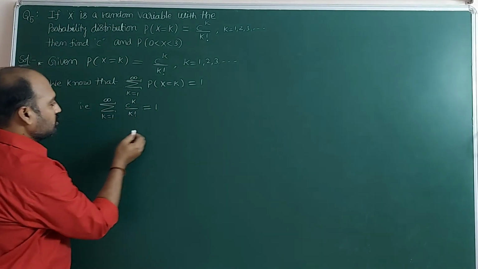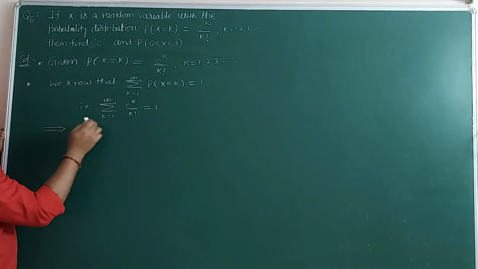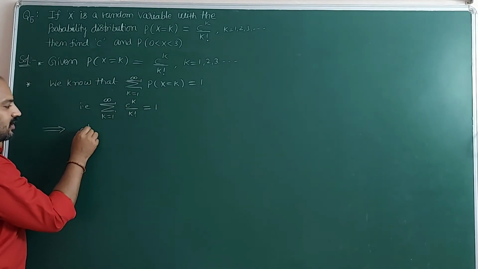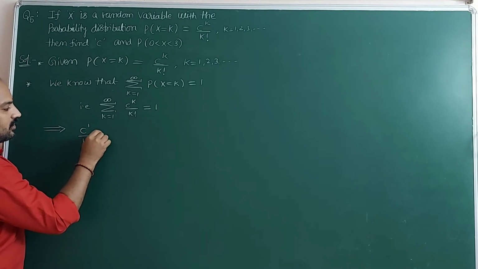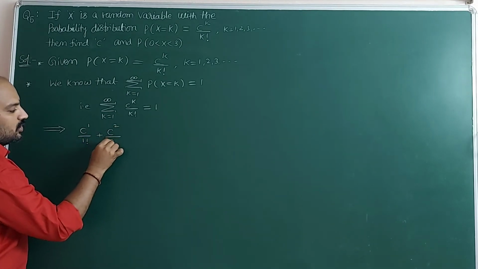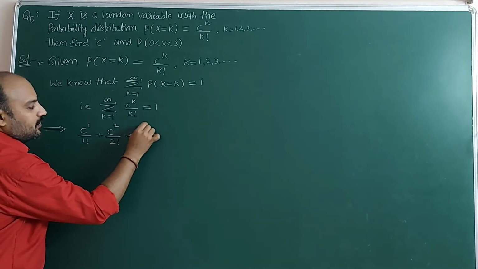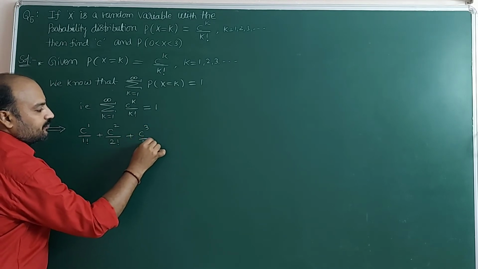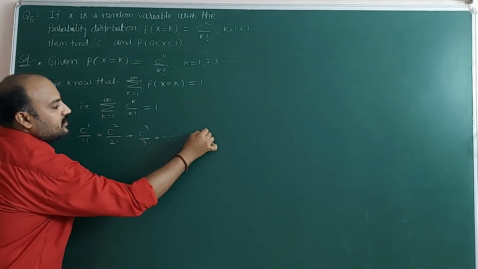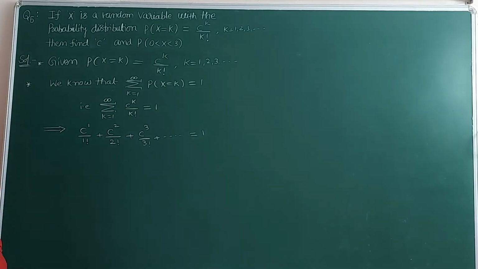So we will substitute the respective values. k is equal to 1, c power 1 by 1 factorial, plus c power 2 by 2 factorial, plus c power 3 by 3 factorial, plus and so on is equal to 1.